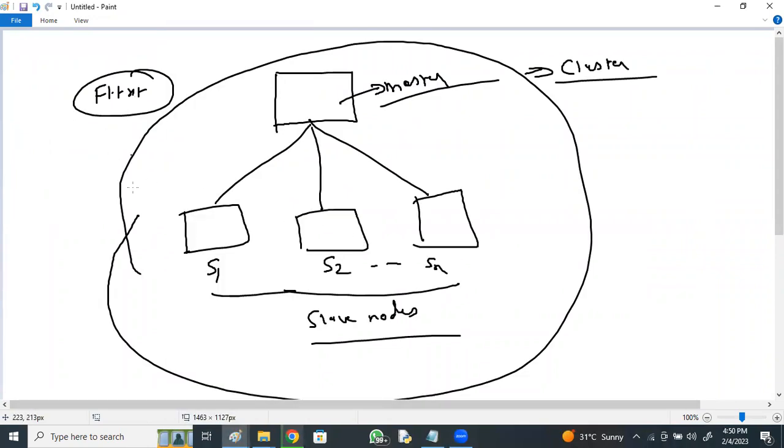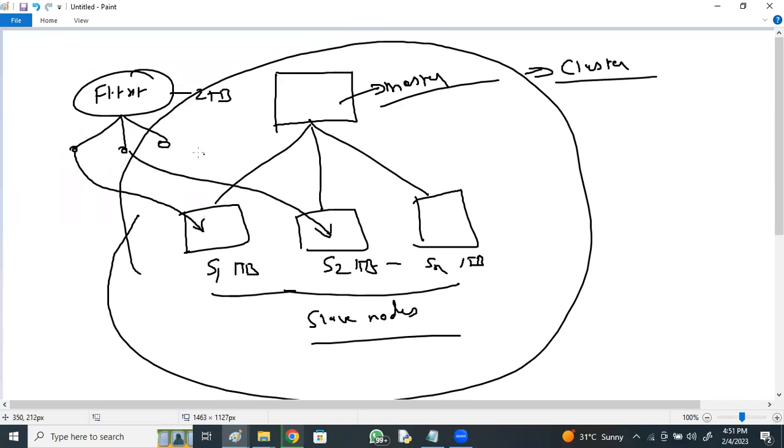Each slave node has a capacity of 1 TB, but this file is 2 TB. This 2 TB file cannot fit into any of these slaves, so none of the slaves can accommodate f1.txt. It will be divided into multiple partitions. First partition in slave 1, second in slave 2, third in slave 3.